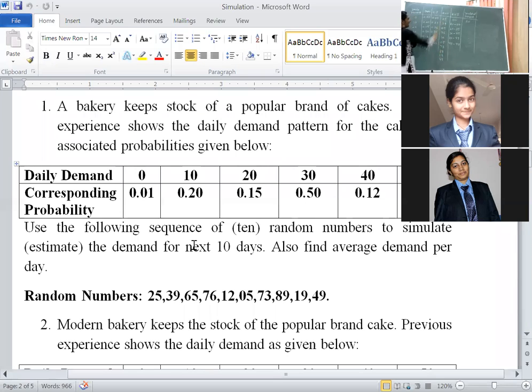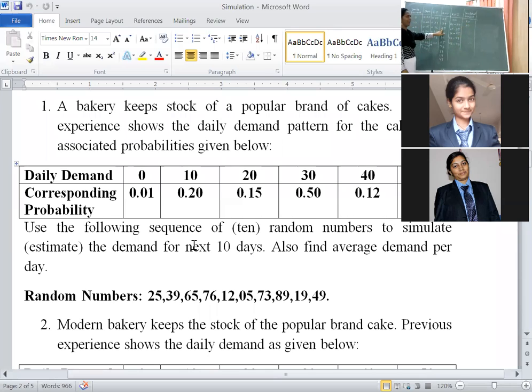Similarly, again I am explaining. The random number is 25. In which class interval does 25 lie? In between 21 to 35, correct? The corresponding demand you have to verify, that is 20. Similarly, 39 lies in between 36 to 85. The corresponding demand is 30.